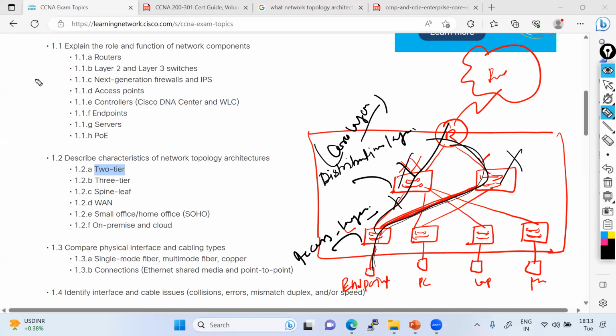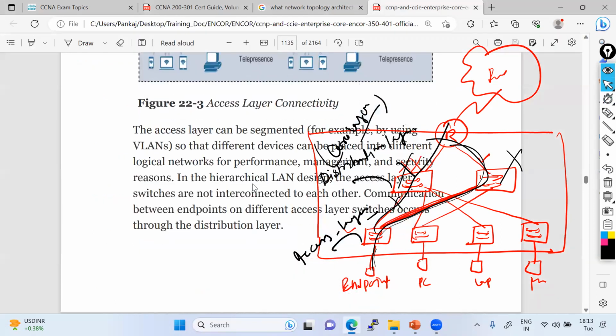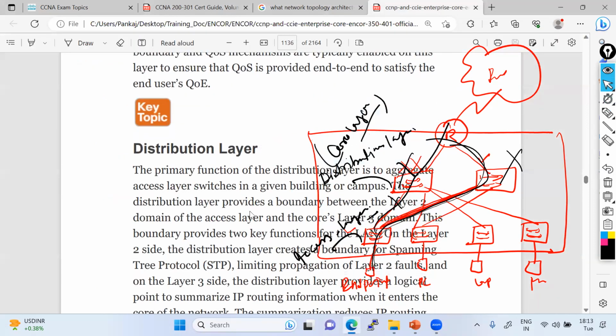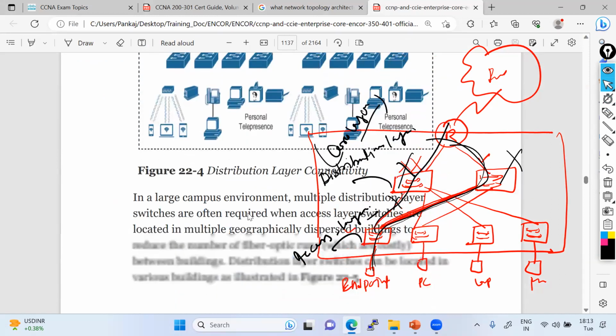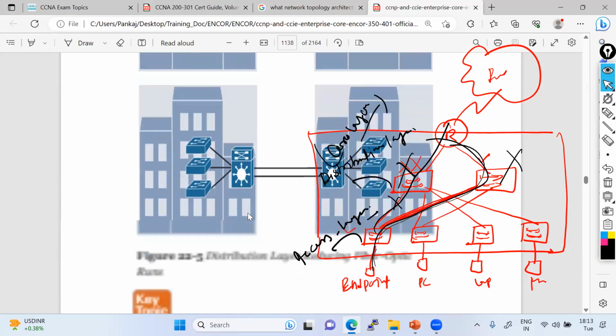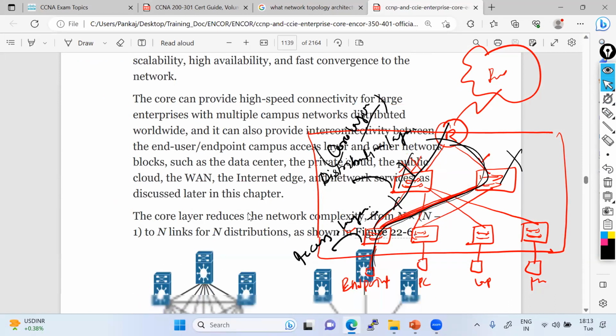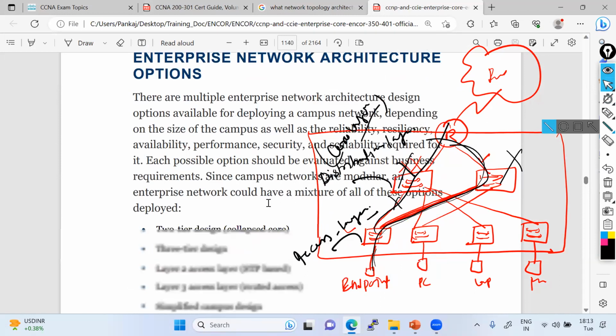How is it going to look? Let's see. If you refer to the two-tier architecture, it has connections this way. Let me show you.